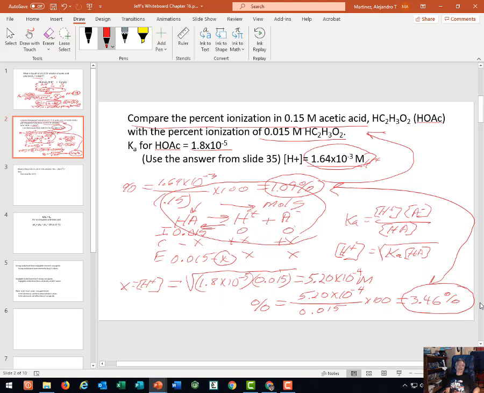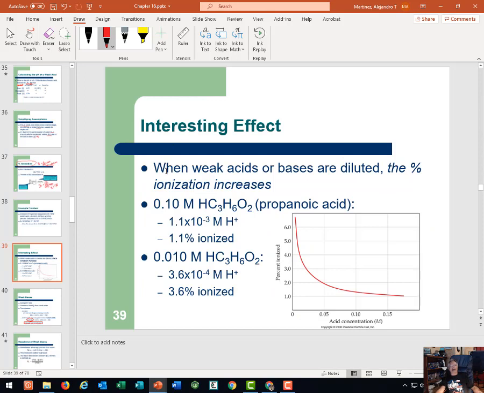So the effect is, as the weak acid becomes more dilute, the percent ionization goes up. When weak acids or bases are diluted, the percent ionization actually increases.